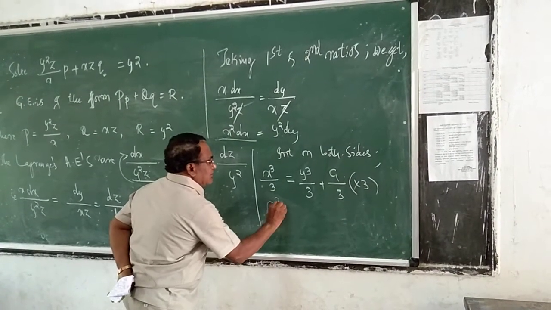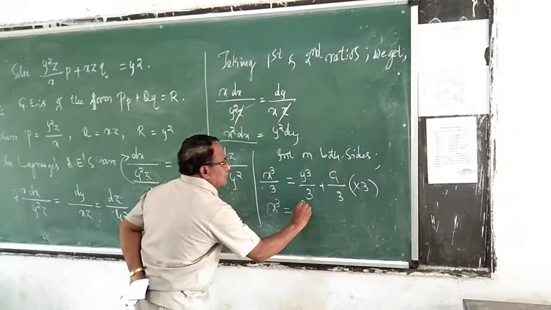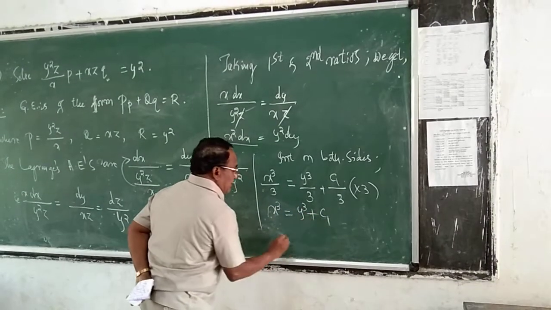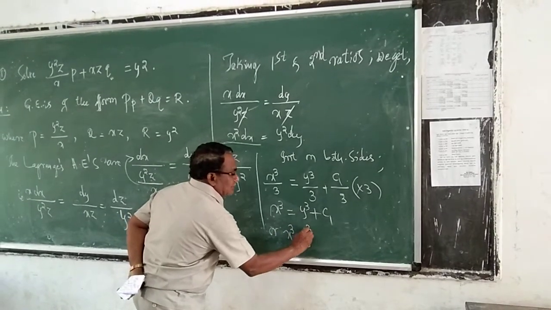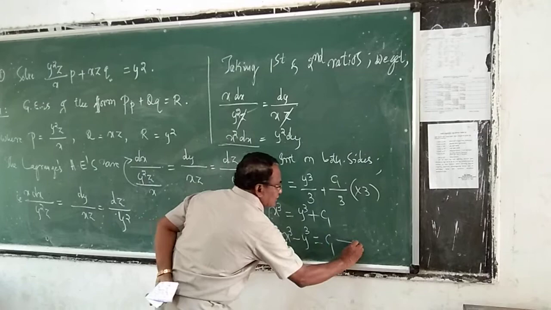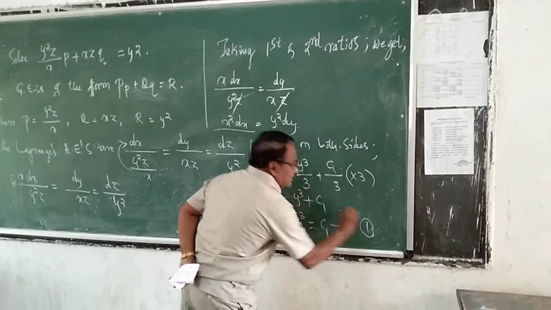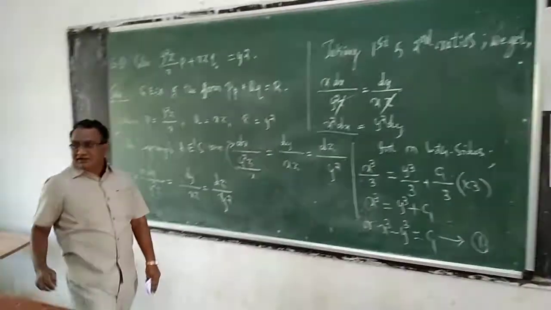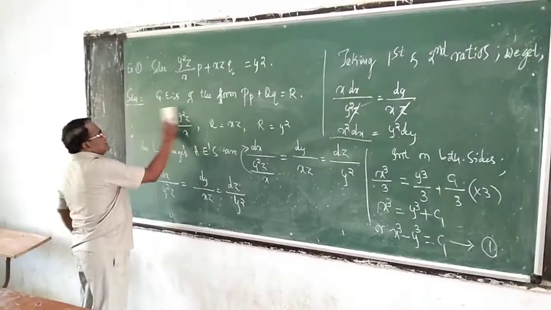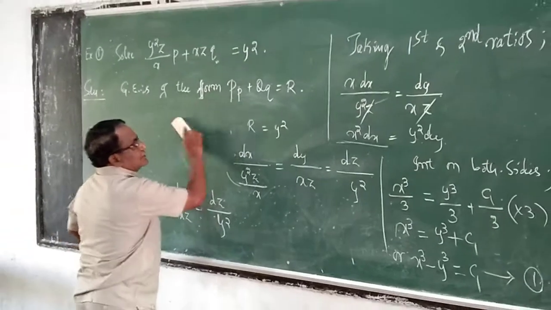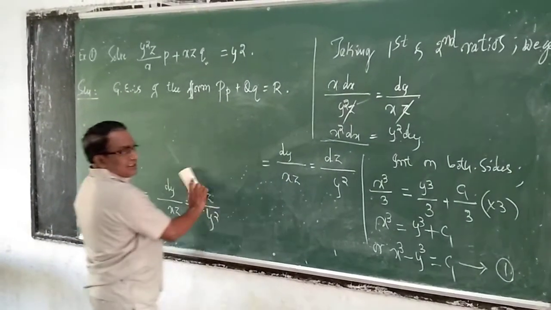What we get here: x cube is equal to y cube plus c1, or you can write it as x cube minus y cube is equal to c1. Say, this is one independent solution. And next, take another set of equations.